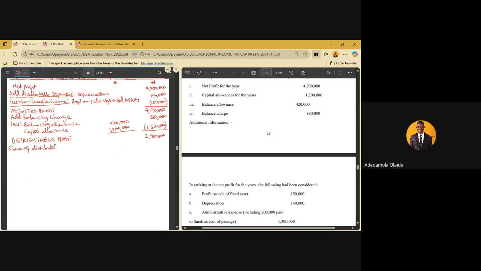For Tosin, Sarah, Mariam, 4, 3, 3 is their profit sharing ratio, right? Yes, that is 4/10. So the first thing we'll do is, let's do it this way.